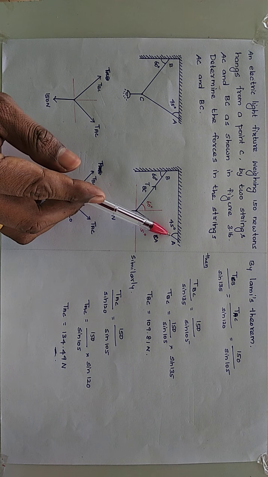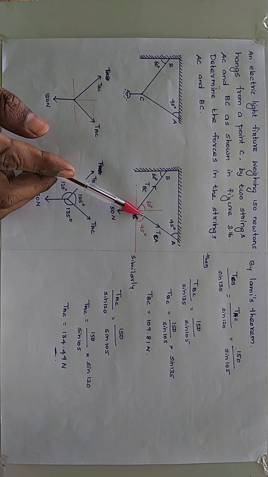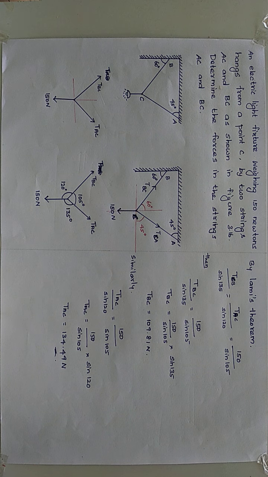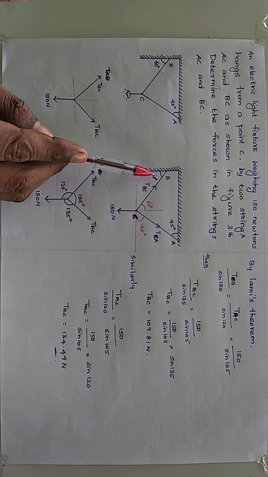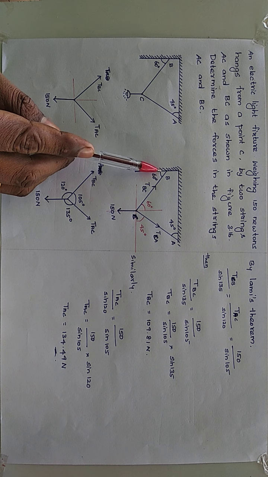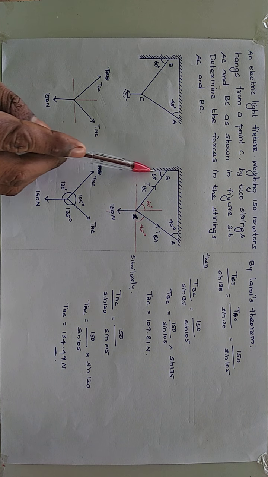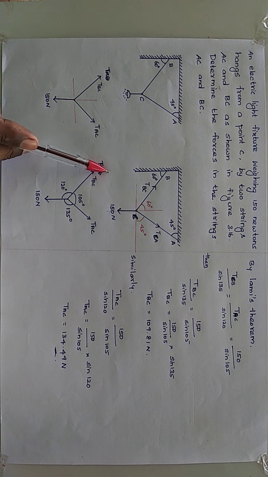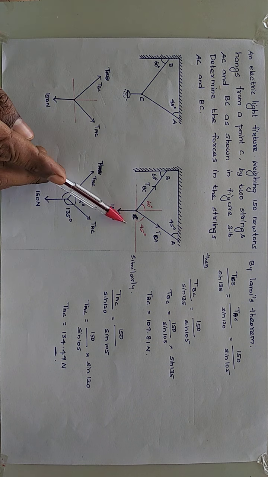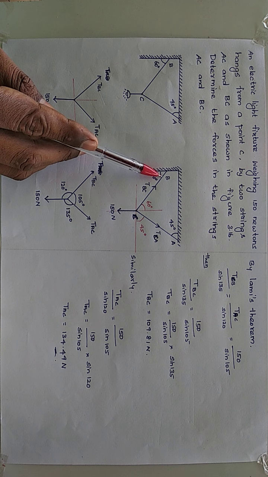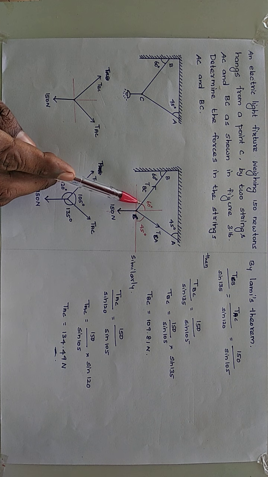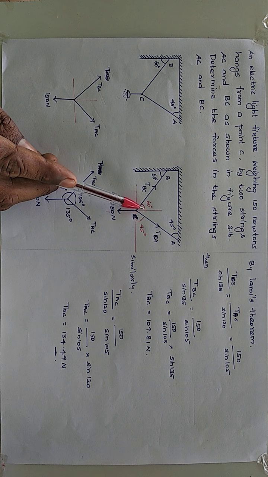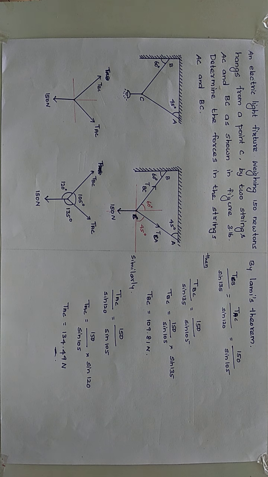So this angle is 45 means this angle also 45 degree. Here you see this angle is 60 degree. This is a vertical line, so here also I draw one vertical line. When this angle is 60 degree, this angle also 60 degree. So from this we can find the other angles.